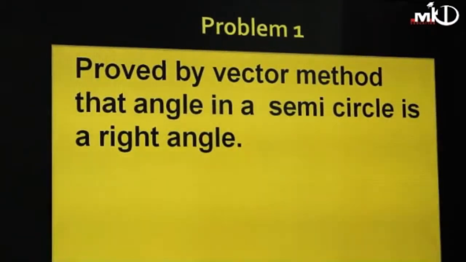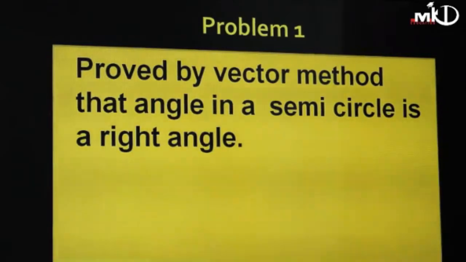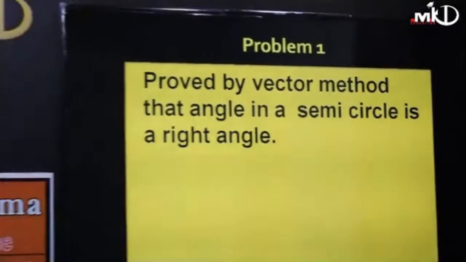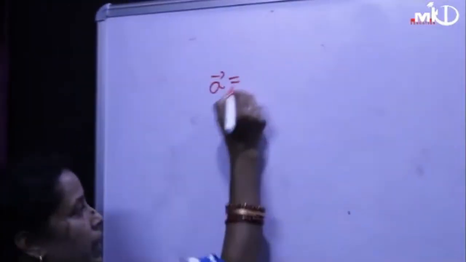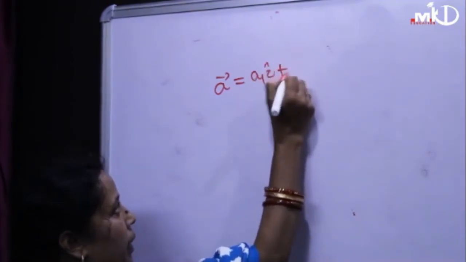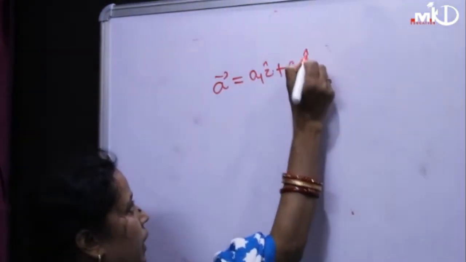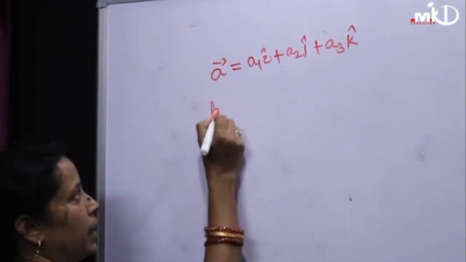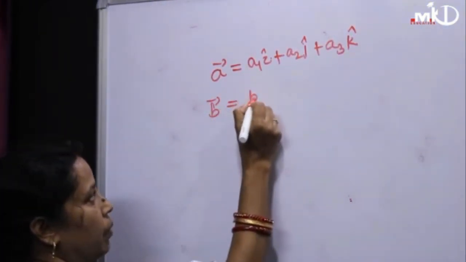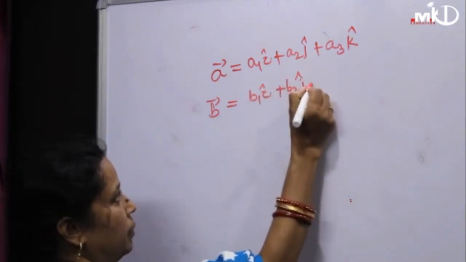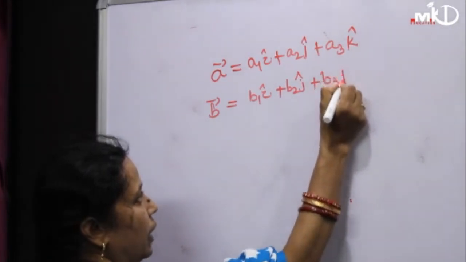Before discussing the problem, whenever we express the vectors in terms of components, a bar is equal to a1 i cap plus a2 j cap plus a3 k cap and b bar is equal to b1 i cap plus b2 j cap plus b3 k cap.